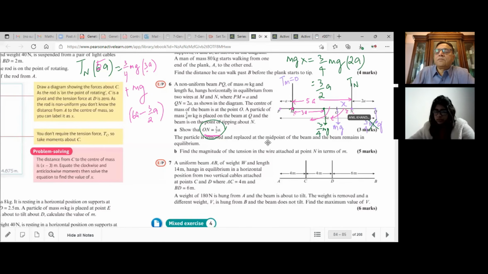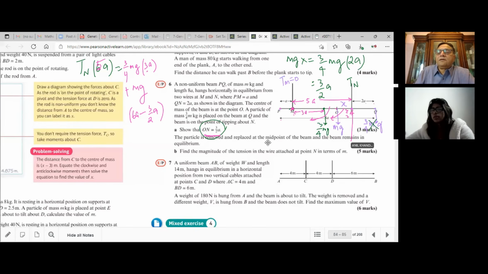So from O to M, what is the distance? 3 over 2a plus. No, you can see from 5a. No, see. 8a minus 2a is 7a, right?